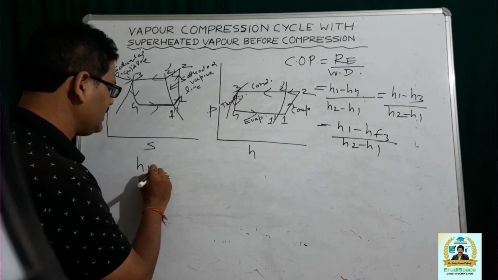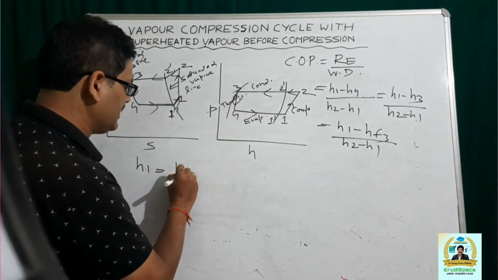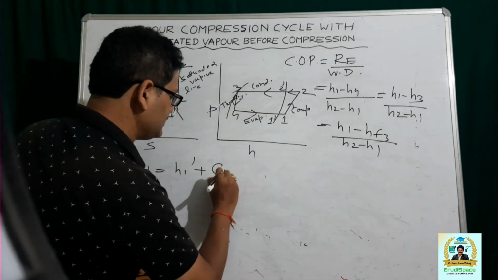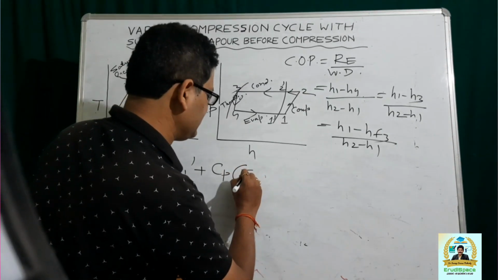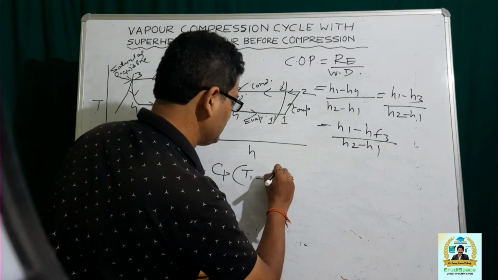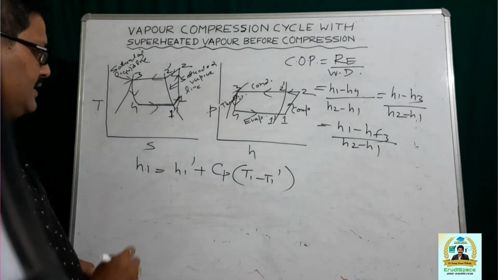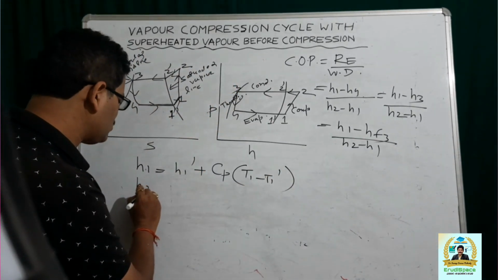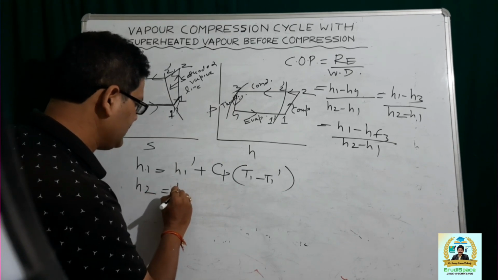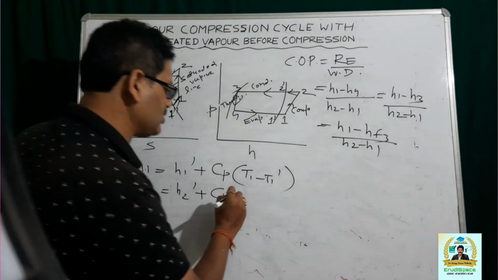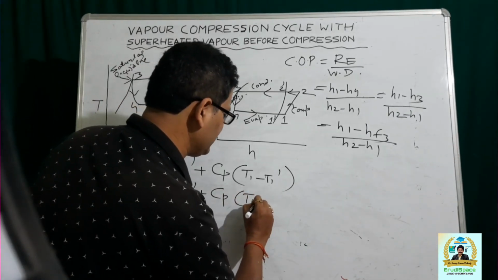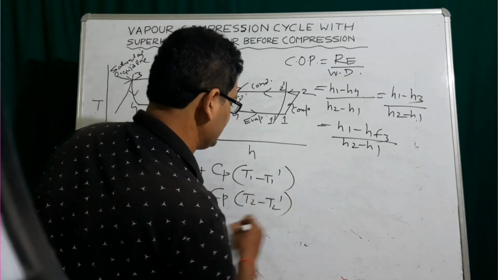So H1 is equal to H1 dash plus specific heat at constant pressure times the degree of superheat, that is T1 minus T1 dash. Similarly, H2 is equal to H2 dash plus specific heat at constant pressure times the degree of superheat T2 minus T2 dash.